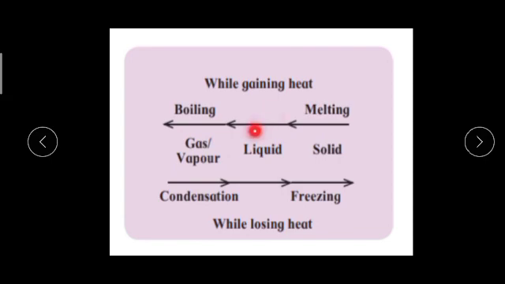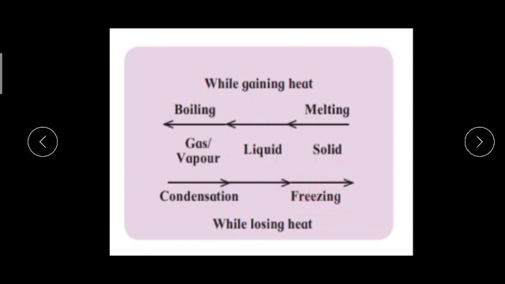Okay. While losing heat, what happens? If gas and vapor are losing heat, what process is going on? The condensation process is going on, and gas and vapor convert into liquid. And if liquid is losing heat, at that time it converts into solid, and which process is going on?